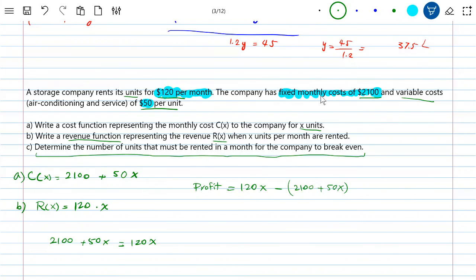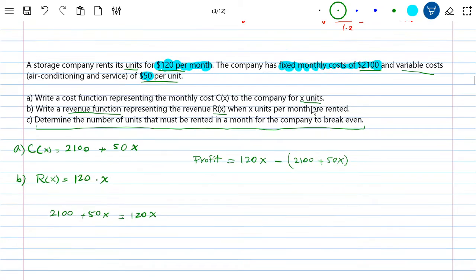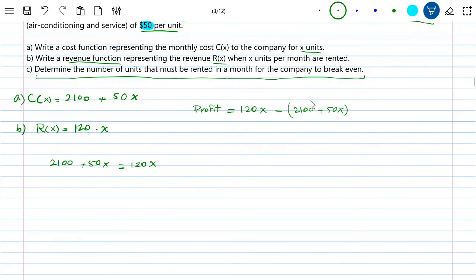In some cases, instead of writing C and R, they write y. So you have two variables, y equal to this one and y equal to that one. But in this case, you don't really need to change it to x and y. If you understand the question, you don't need to go to that system of equations, because this is basically a system: y equals 2100 plus 50x and y equals 120x, and you want to solve it.